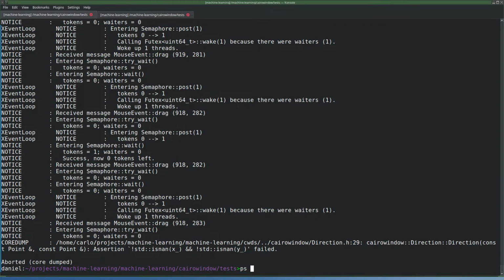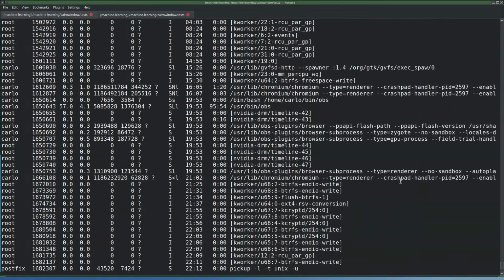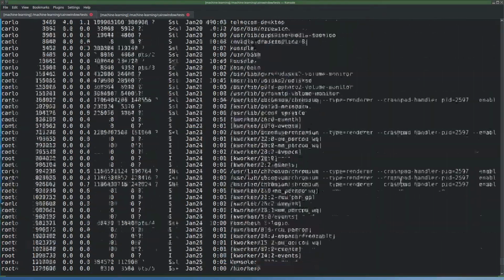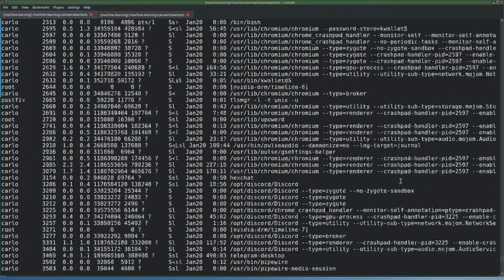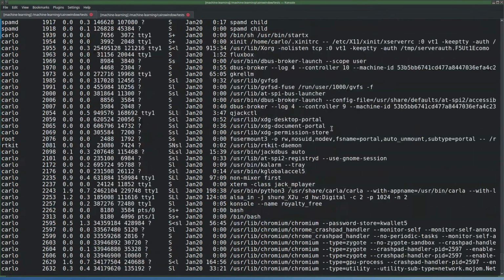Yeah, if you look at the Chrome applications that I'm running: Discord, Chromium, 1, 2, 3, 4, 5, 6, 7, 8, 9, 10, 11, 12, 13, 14, 15, 16, 17, only 17.